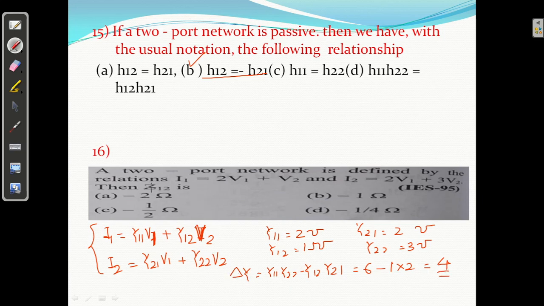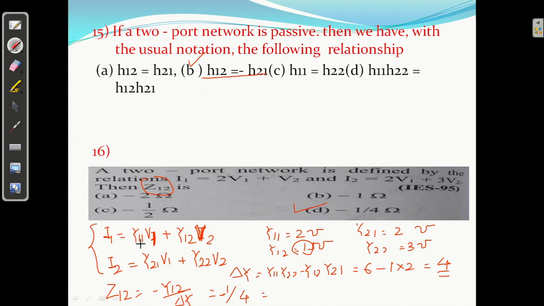Now क्या पूछा है? Z12 is what? Z12 होता है minus Y12 upon del Y. Y12 कहाँ है? Y12 ये है 1. So equal to 1 by 4, minus sign is there, minus 1 by 4. Yes, D answer is correct. तो क्वेश्चन नंबर 16 का D याद रखना, you can find any parameter.